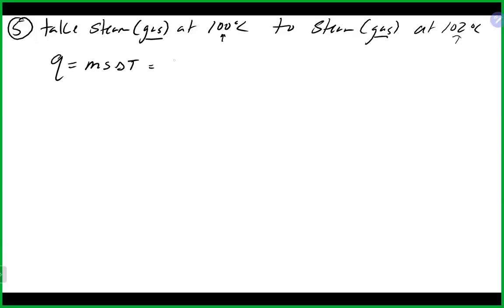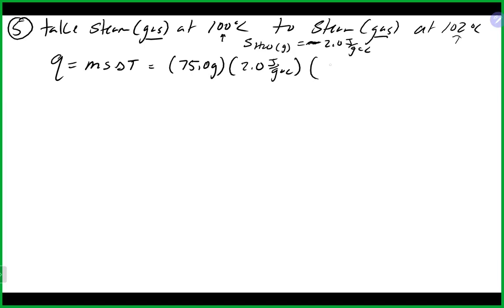And we will put in our mass of 75 grams. Remember here that we do want to use the specific heat for water or steam. And again, that's approximately 2 joules per gram per degree Celsius. It's not negative or anything, that's just approximately. And so we'll just use the 2 number here, joules per gram per degree Celsius. Again, final temperature 102 minus 100 degrees Celsius. And that is going to get me here 75 times 2 times basically 2.